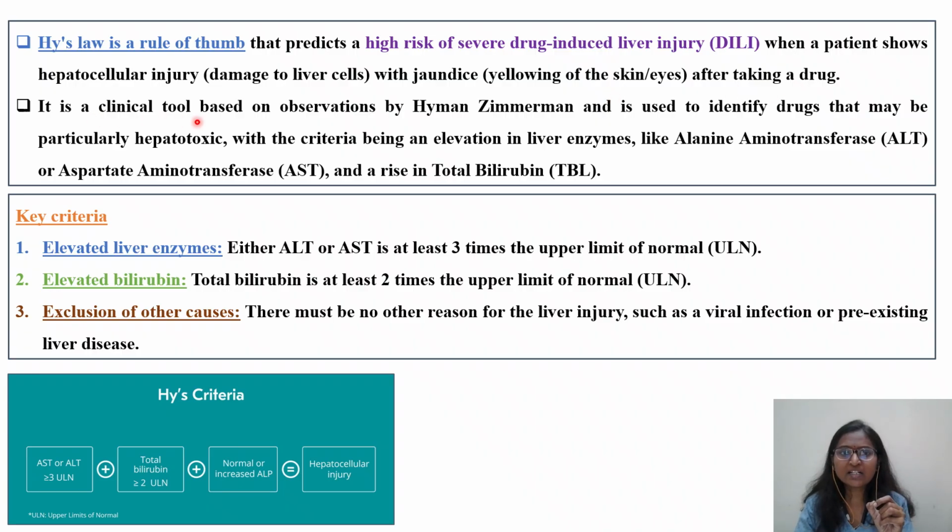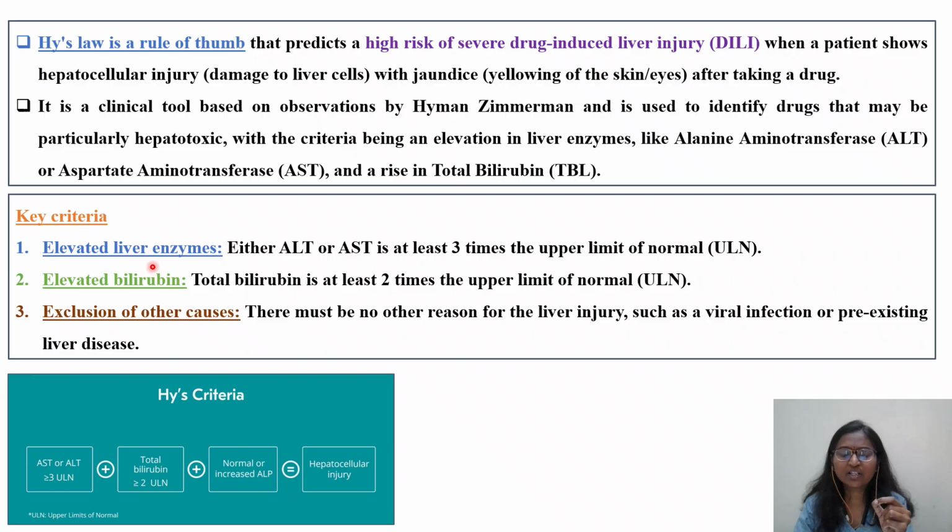It is a clinical tool based on observations by Hyman Zimmerman and is used to identify drugs that may be particularly liver toxic, with the criteria being an elevation of the liver enzymes. What are those enzymes? ALT, AST, and a rise in the total bilirubin. So these are the three clinical biomarkers. The key criteria are elevated liver enzymes, elevated bilirubin, and exclusion of other causes.